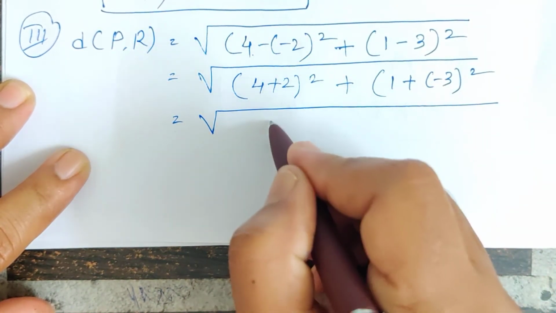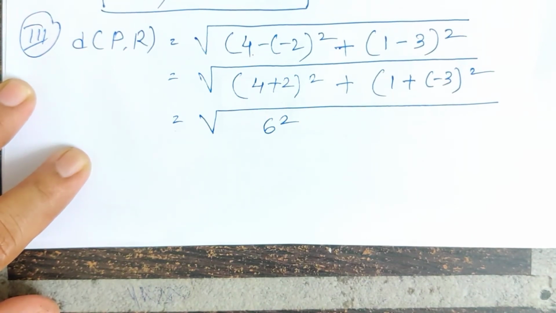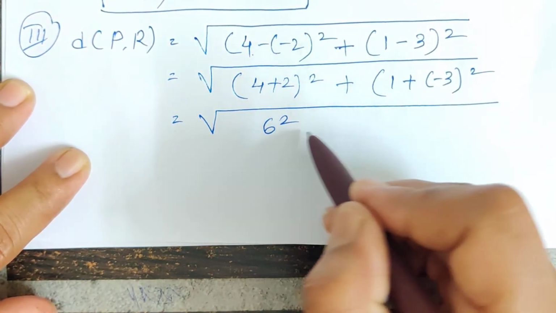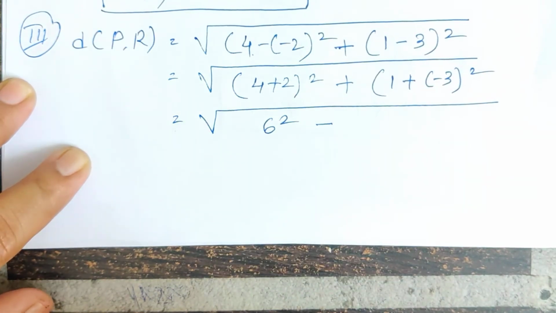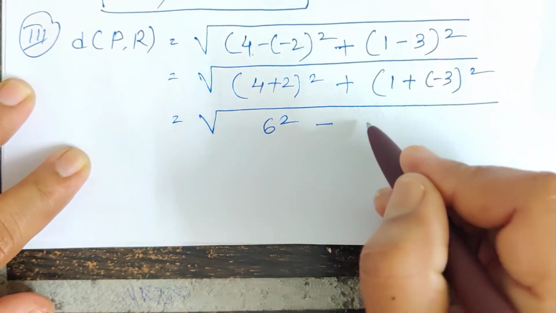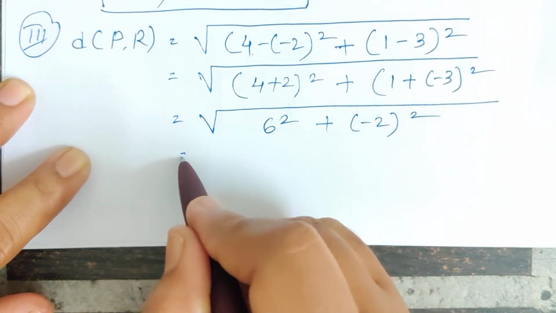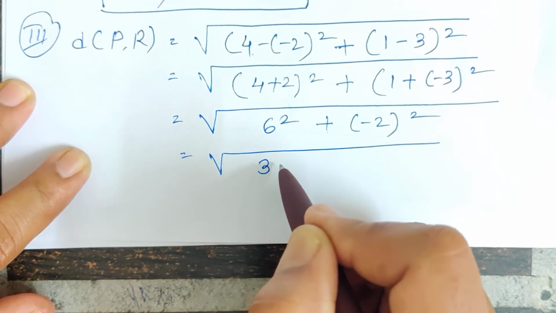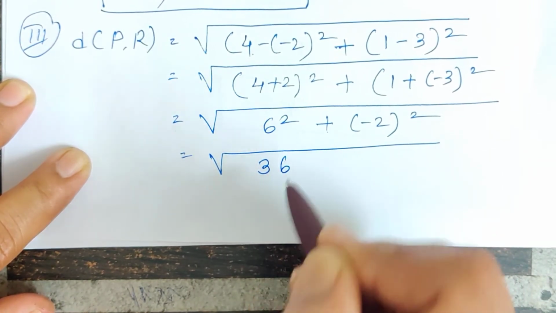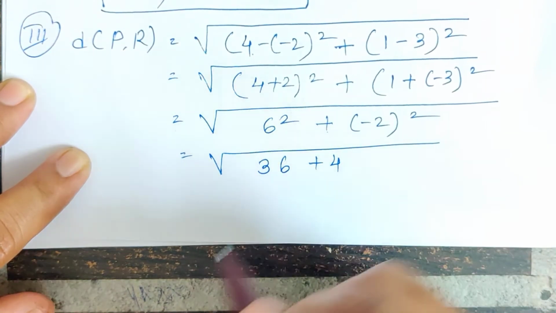So 4 plus 2 is 6 square, plus minus minus, bigger number sign, that means it is -2. So 6 square is 36 and -2 square is 4.